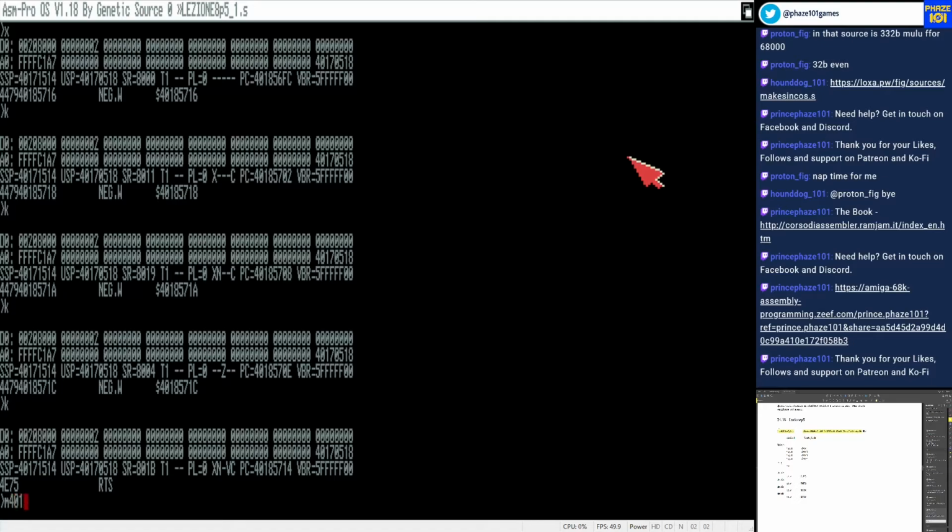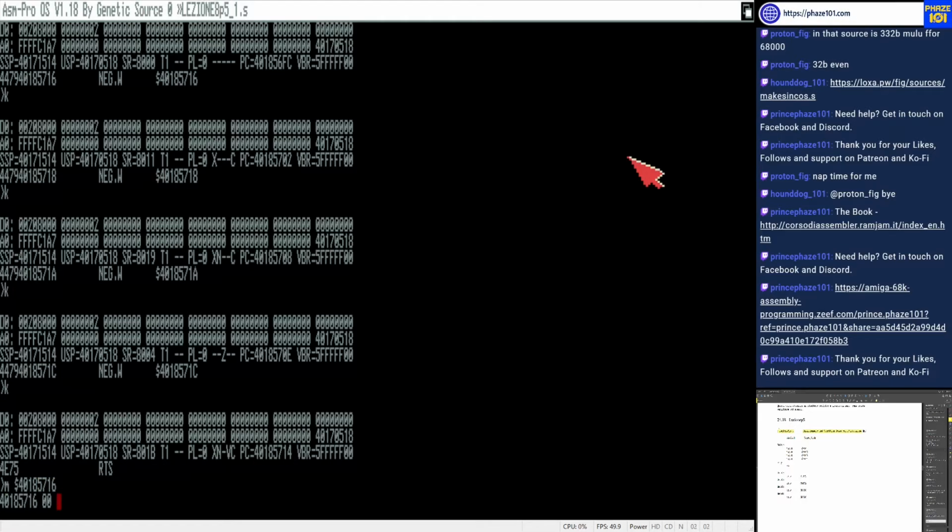Let's do 401, 401, 87, 85, 716. So the first one, as I said, will be 00FE. There you are. The second one, which is data 2, will be B0FE.